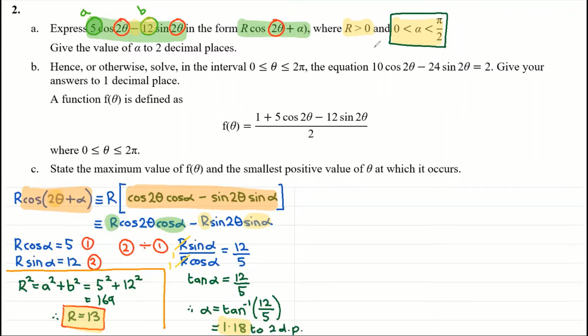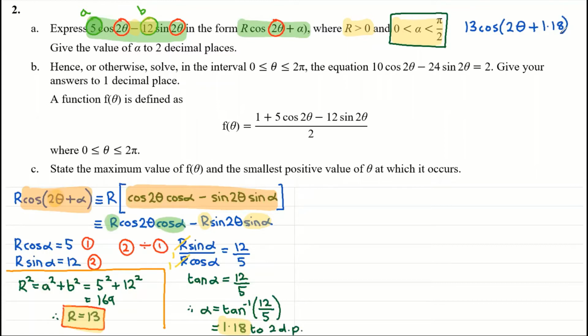So it's going to be 13 cosine of 2 theta plus alpha. Now, alpha, of course, is 1.18. It doesn't look very nice, but that's what we found. So that's the form that it's required.